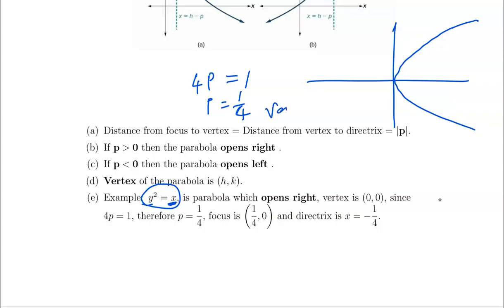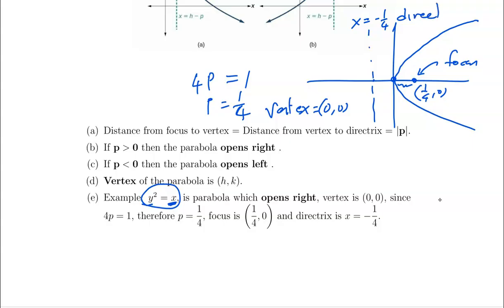Then you go 1/4 unit to the right, that's 1/4, 0, the focus. And then you go 1/4 this way, so in this case x equals negative 1/4 is my directrix. Okay, and then you can find another point and draw this one.